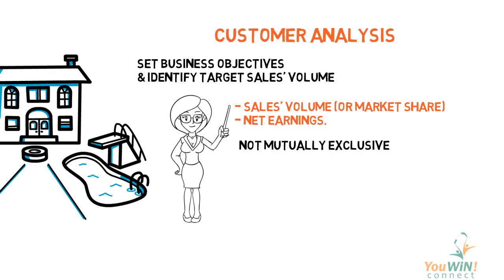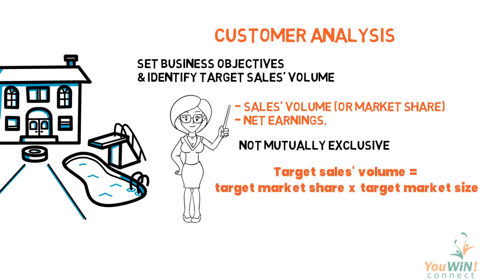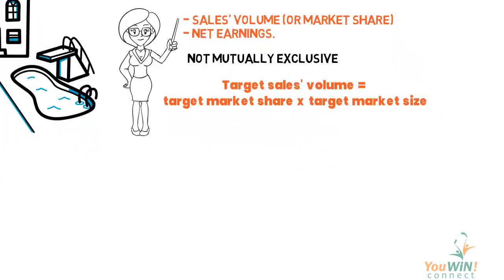If there is no other way to increase profits, this plan should then be considered unfeasible. So to calculate the target sales volume, you multiply the target market share by the target market size. All of these are estimates which help us to determine the revenues that accrue to the organization.